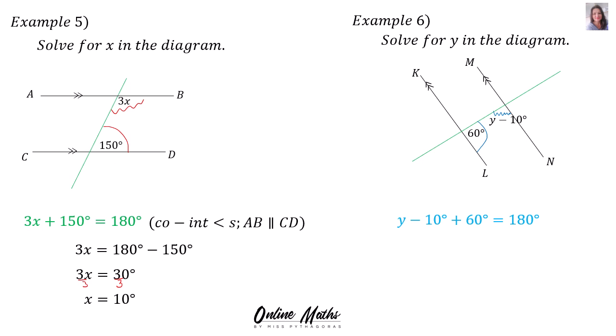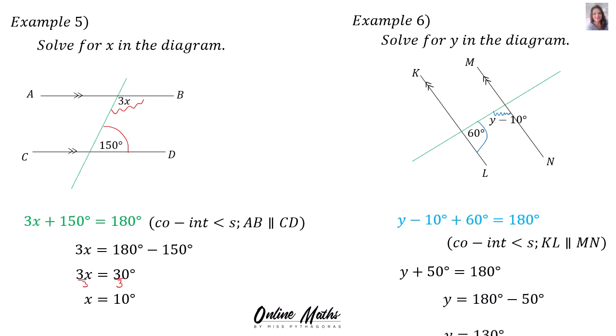They are supplementary. And your reason, co-interior angles supplementary, since KL is parallel to MN. And then we will solve y. Minus 10 plus 60 is 50. Let the 50 walk across. 180 minus 50, and then y is 130 degrees.